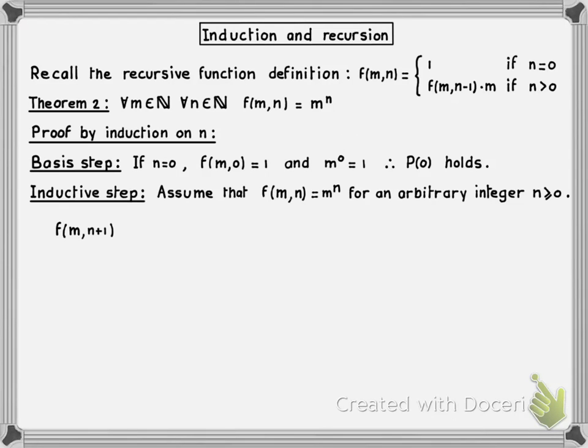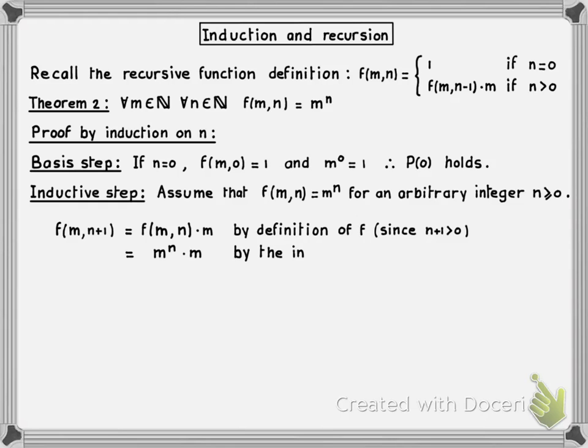Now the first step in rewriting this term is to use the definition of f. Since the second argument here, n plus 1, is known to be greater than 0, we're going to use this case in the definition of f. We're going to plug in n plus 1 for n, and what we're going to get is f of m comma n times m. That's just the definition of f. Now we can replace this term by m to the power n.